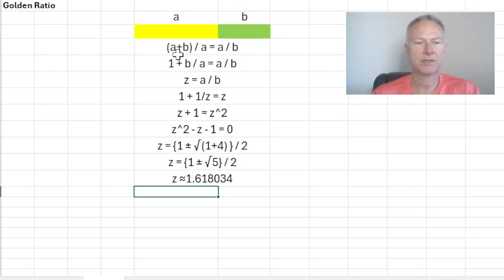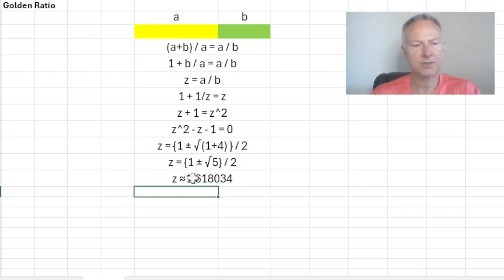So if we were to express that algebraically, we would say A plus B, which is the length of the whole stick, or ruler, divided by A. So the length of the whole thing divided by the length of the longer piece is equal to the length of the longer piece divided by the length of the shorter piece.